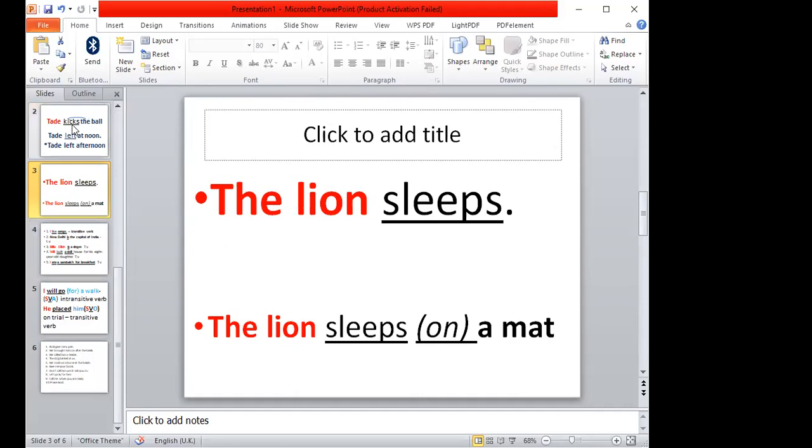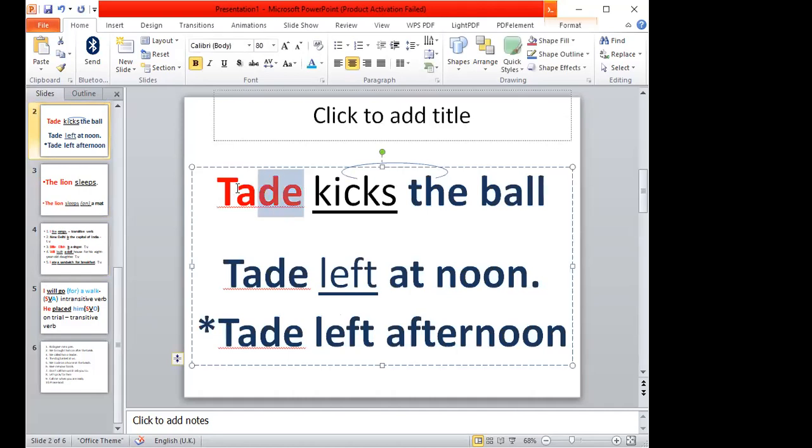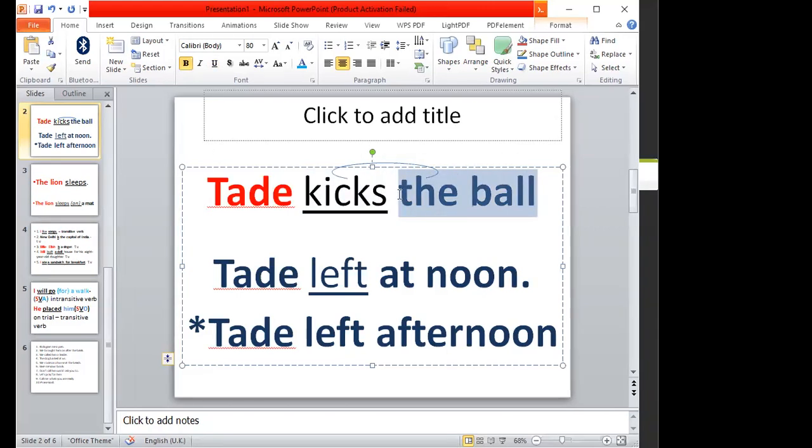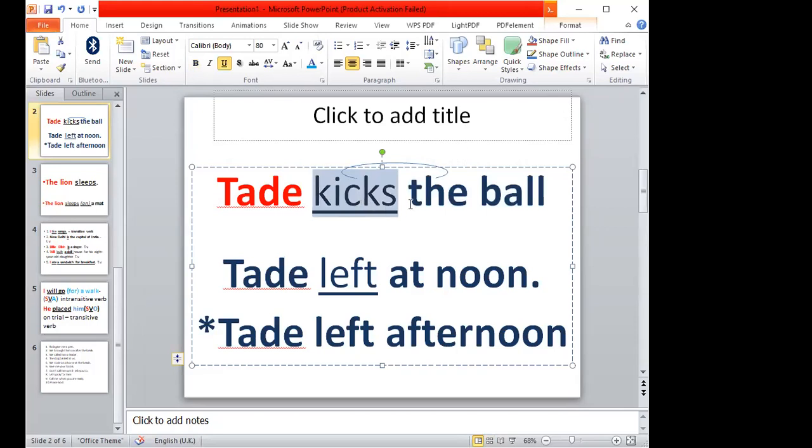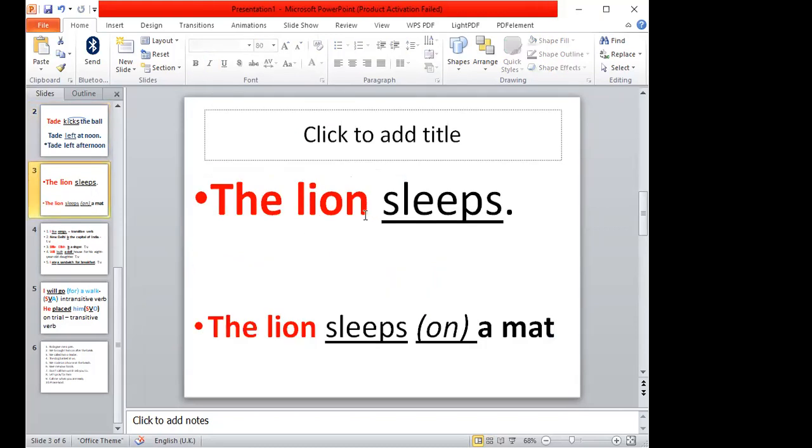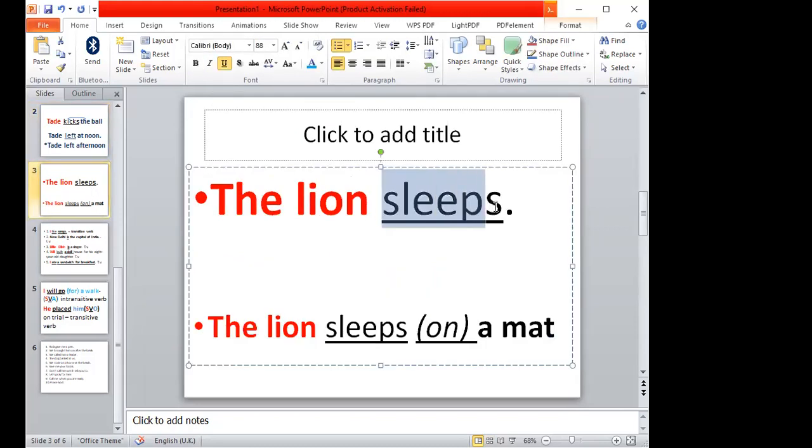For instance, look at it. Sade has done something. What has he done? He has kicked something. What has he kicked? A ball. Now, this action, kicks, has been received by something, that is, the ball. But when we got here, we realized that this action was not received by anything.